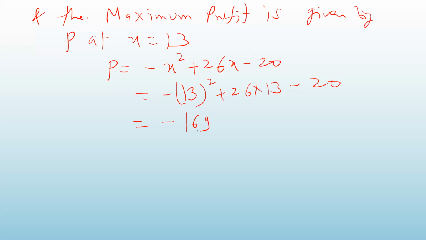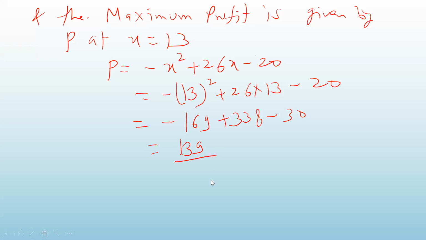So you will get minus 169. 26 multiplied by 13 is equal to 338. 338 minus 20. Now you have to simplify this. So you are getting 149. So the maximum profit is 149.